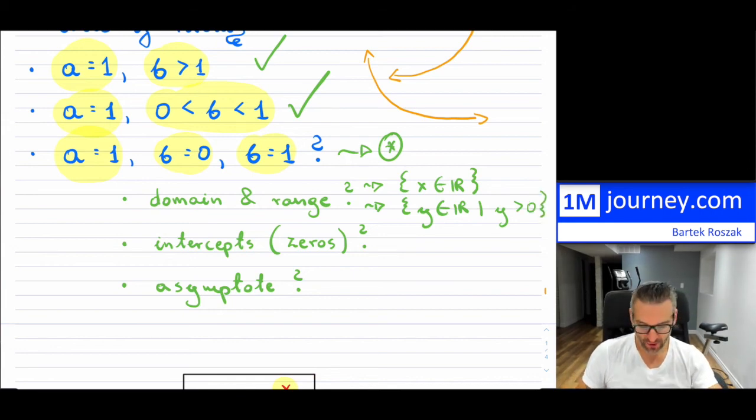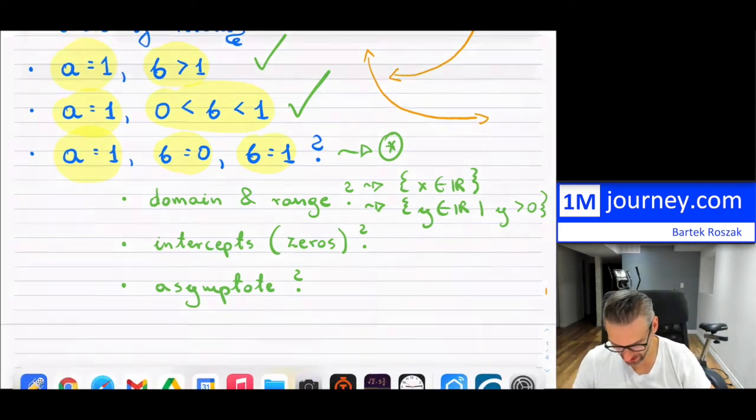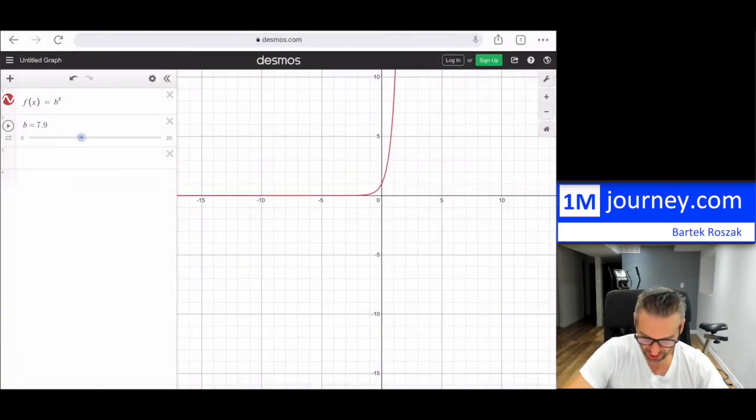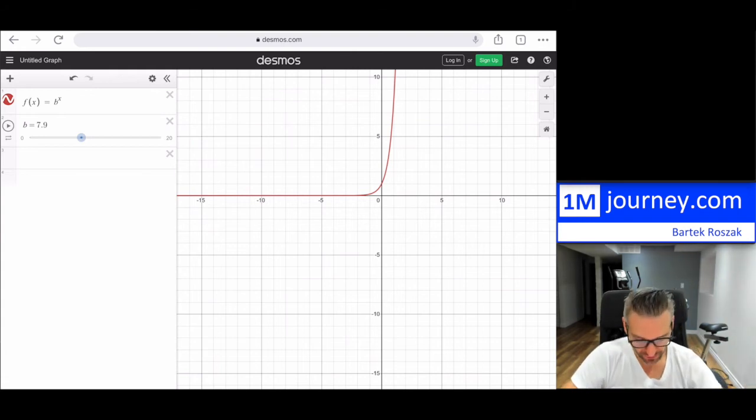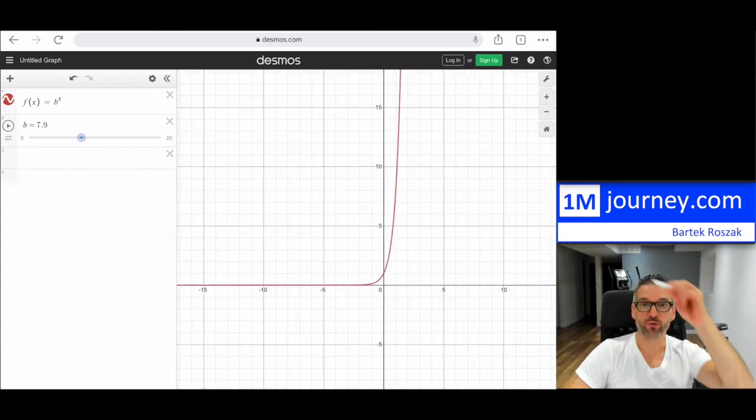If I go back in here, let's put this arbitrarily at 7.9. It doesn't matter what b actually is, as long as it's between 0 and 1 or greater than 1. In both of those cases, we know that it skyrockets upwards.